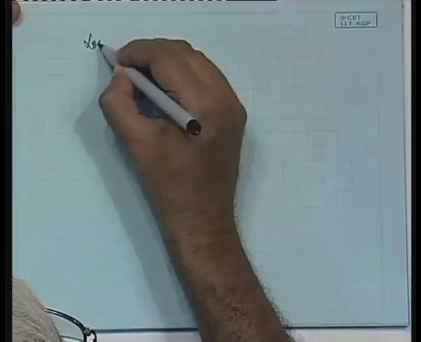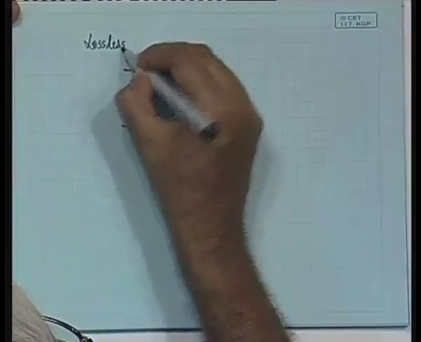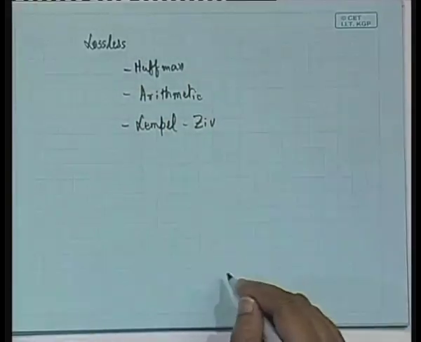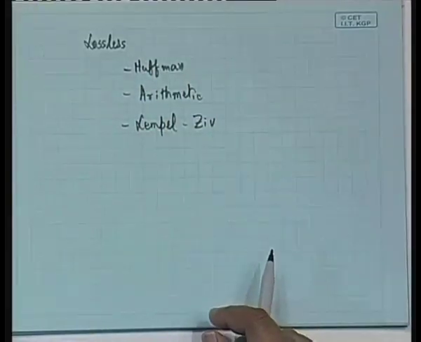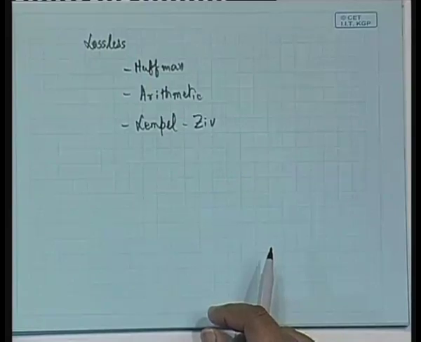So there are several such lossless image compression techniques in existence, but as I was telling you, lossless compression techniques always have some limitations, because you can achieve only a limited amount of compression using lossless techniques.